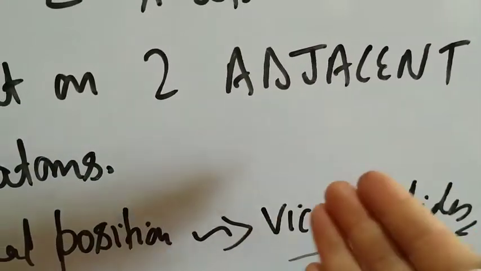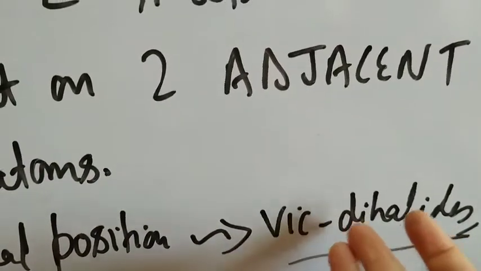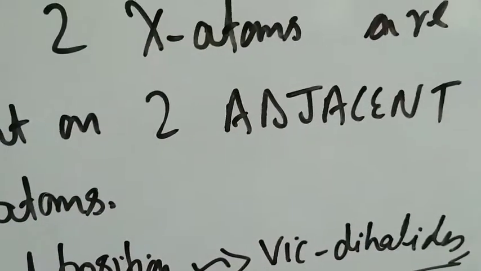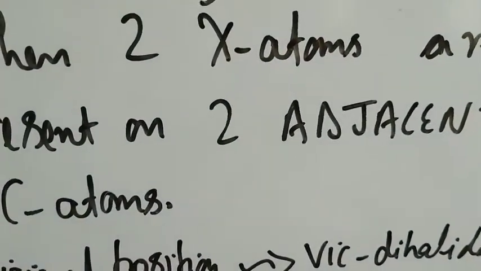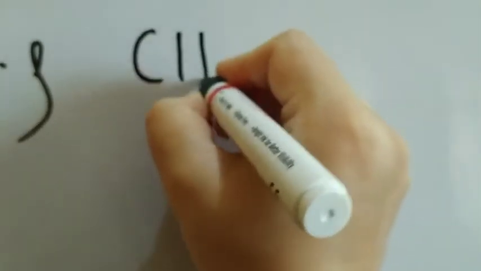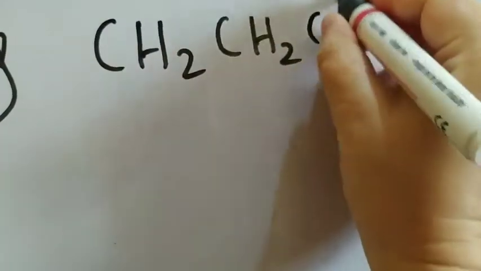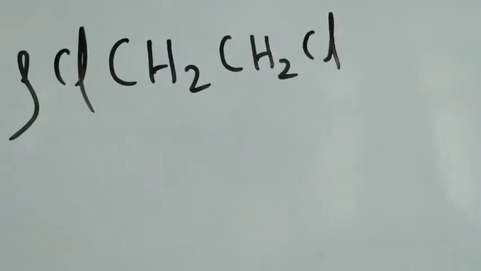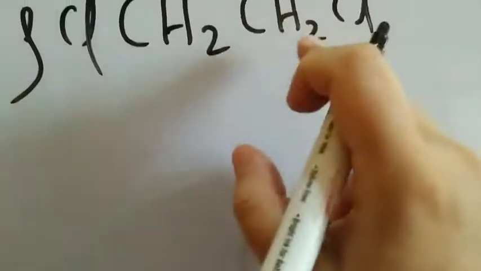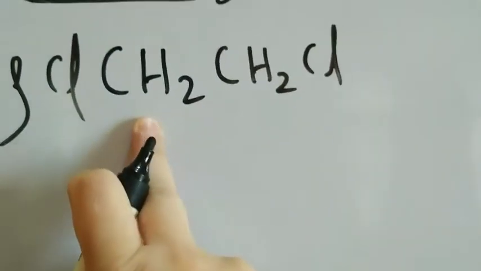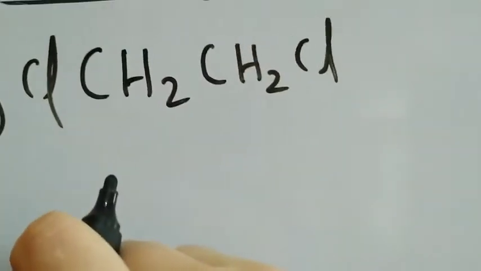Because it's a dihalide, there are two halogen atoms, but these two halogen atoms are present on two adjacent carbon atoms. Let's see the examples. For example, we have a compound like CH2Cl-CH2Cl, the simplest possible example. It's a derivative of ethane. One hydrogen from this carbon has been replaced by a chlorine atom, and one hydrogen from this.